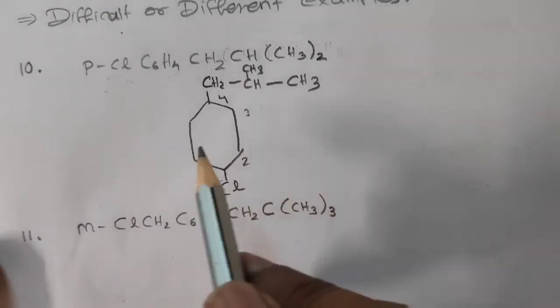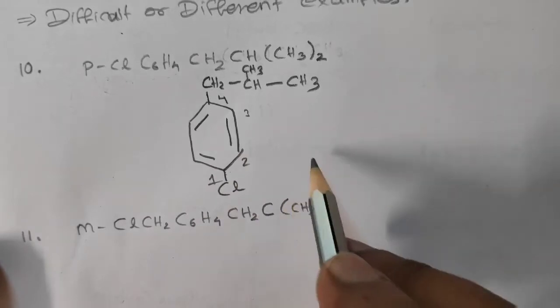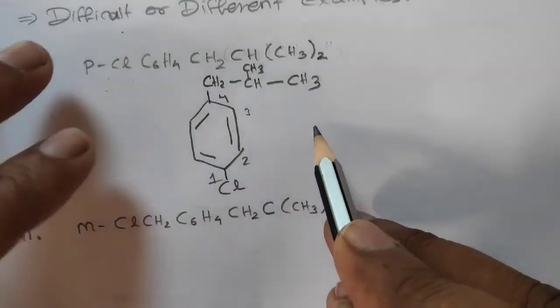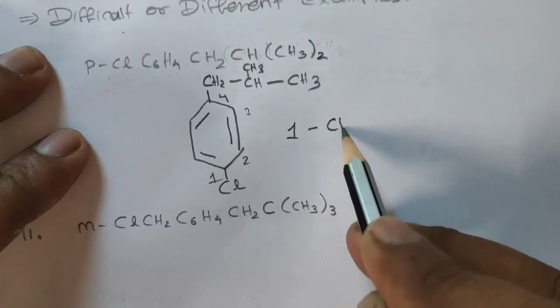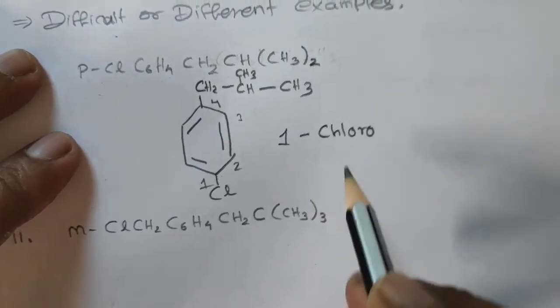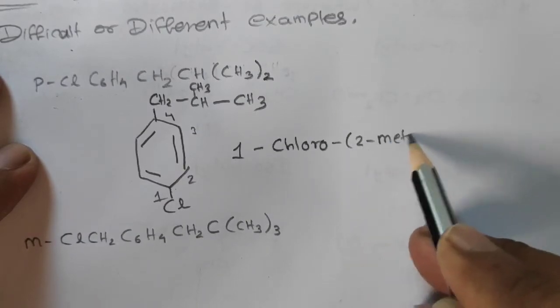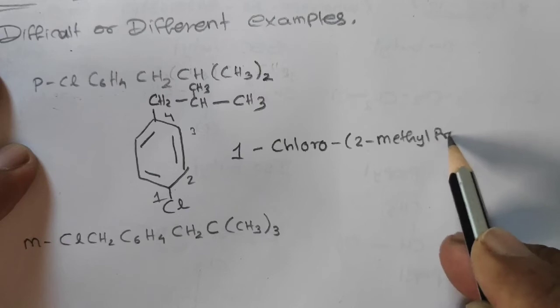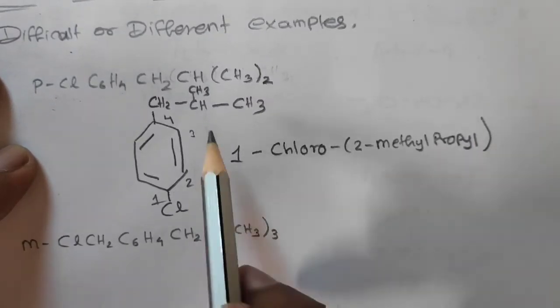Now if I want to write the name of this compound, it will be 1-chloro, 2-methyl propyl. Now why am I using this word 2-methyl propyl?